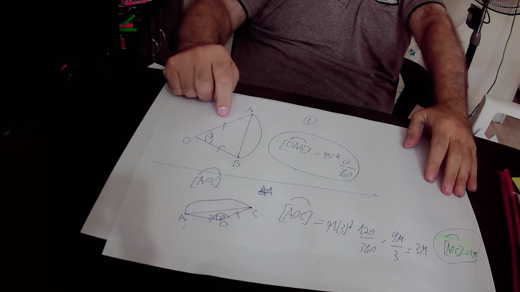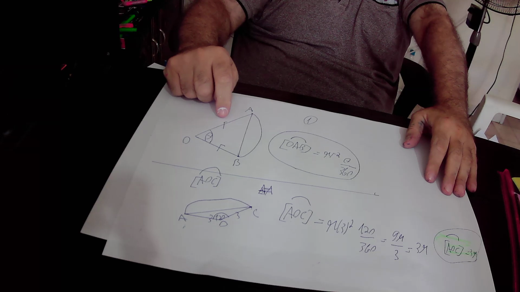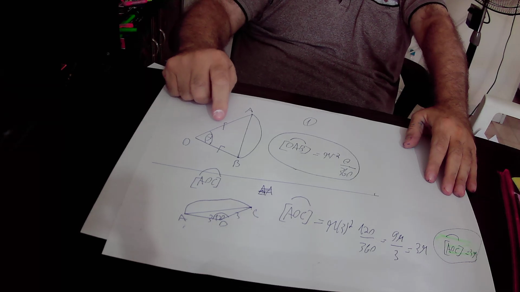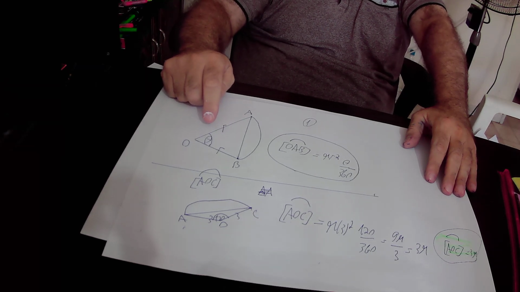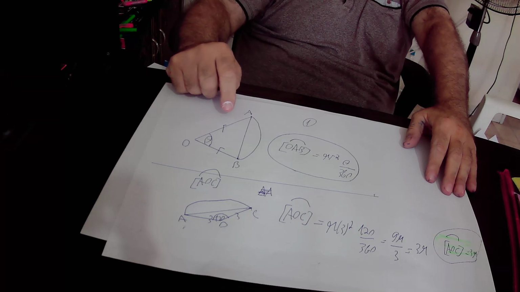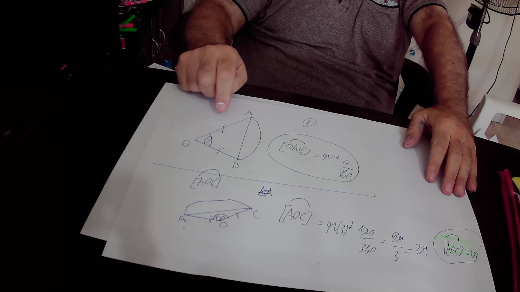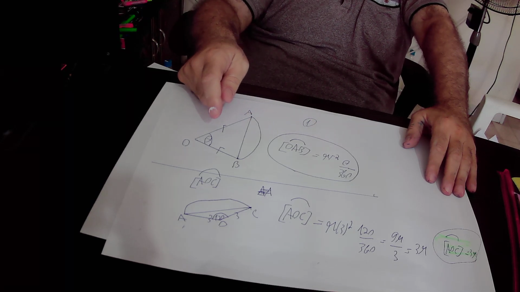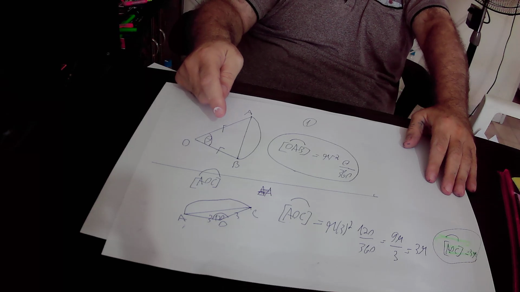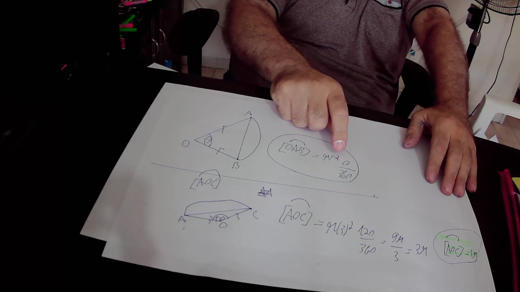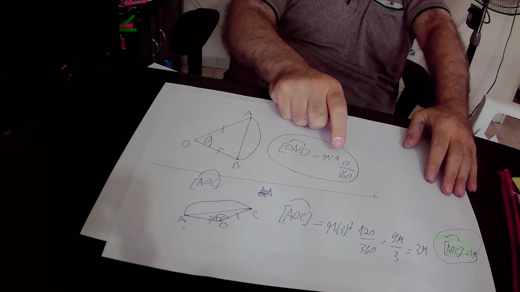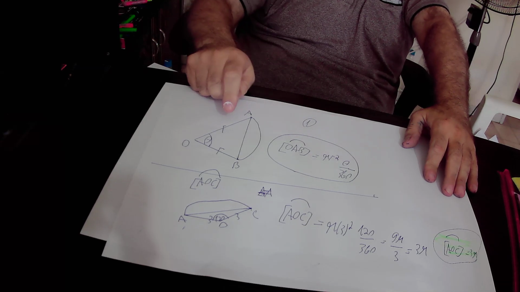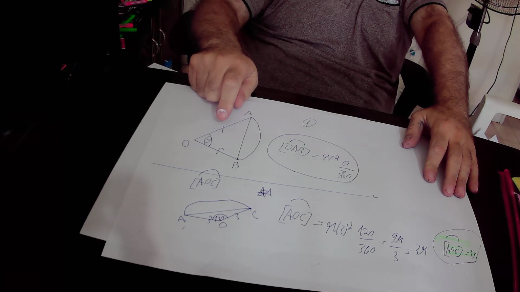R is the radius of the circle that contains this sector, and theta is the angle between the legs of sector A or B. According to this formula, the area of this sector will be equal to pi r squared, that is the area of the circle that contains sector A or B, times theta over 360 degrees.